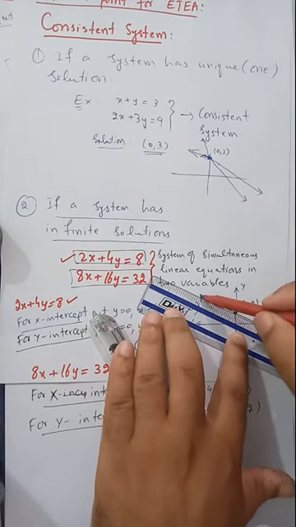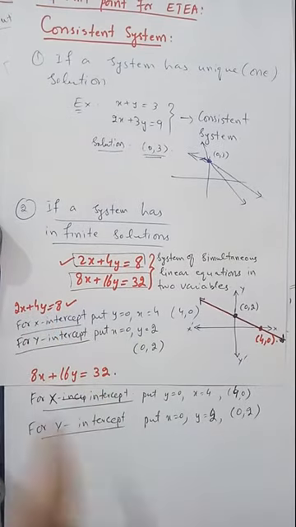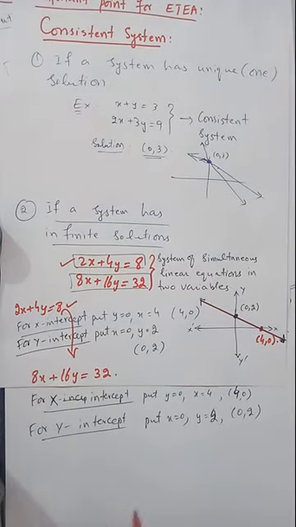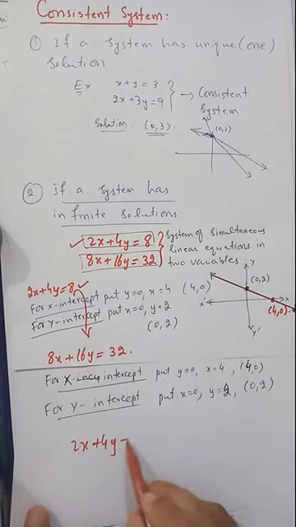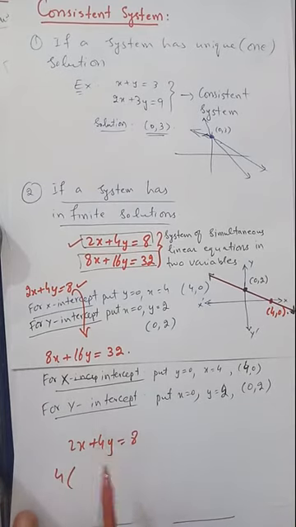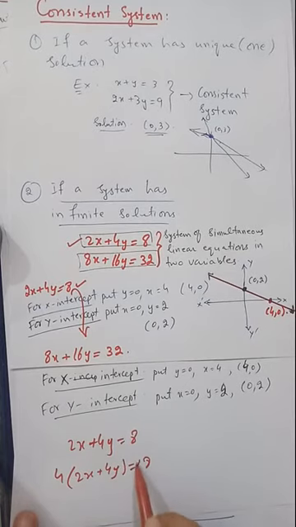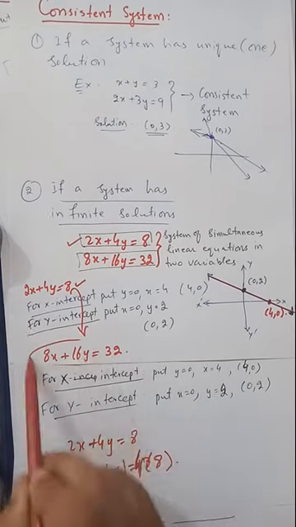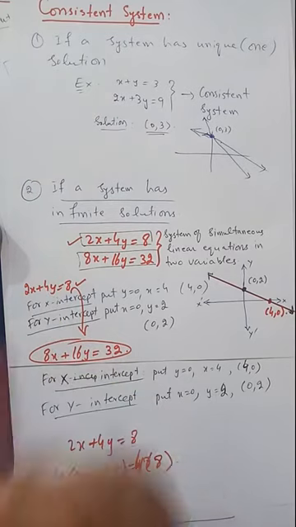Actually, if you look at these two equations, this equation is a multiple of the other. This is equation number 1 of this system, and if you multiply it by 4 on both sides, you will get the second equation.